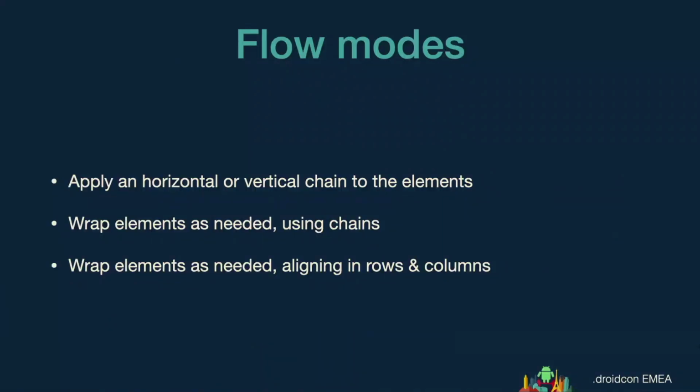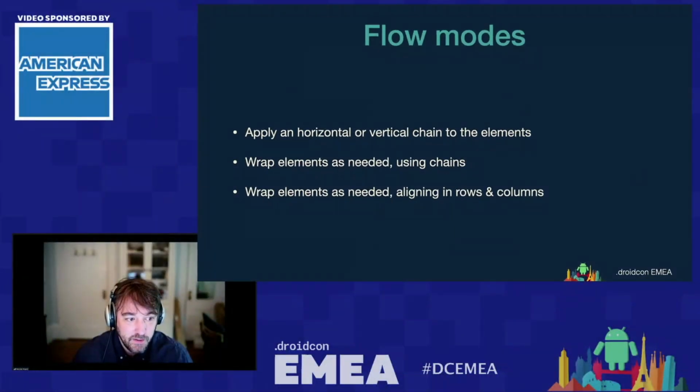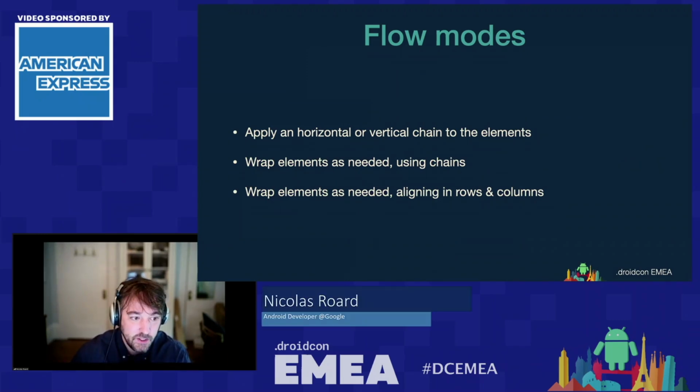So fundamentally, Flow provides something akin to a LinearLayout, but it does that in a slightly different way, using the concept of ConstraintLayout. Specifically, if you know about chains, under the hood, this is more or less what Flow does. We apply all those different chains so that the elements are positioned like that.